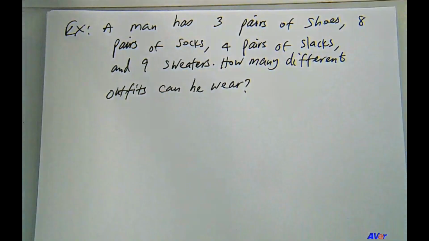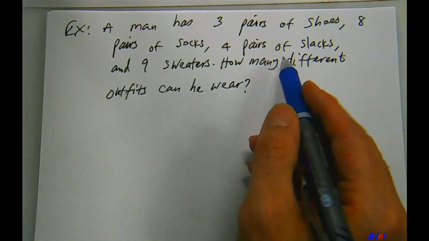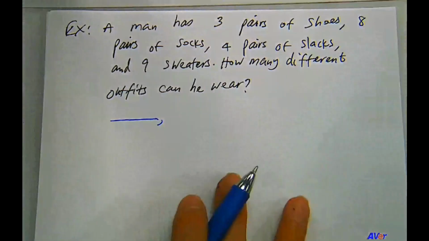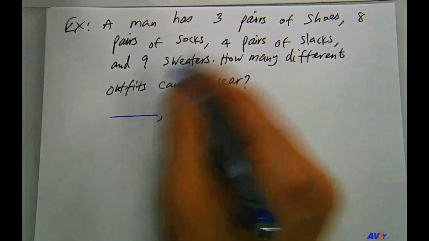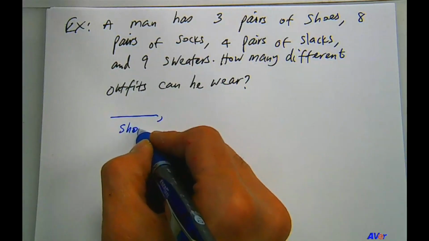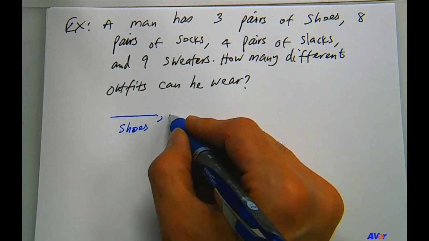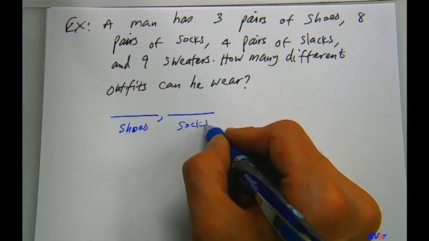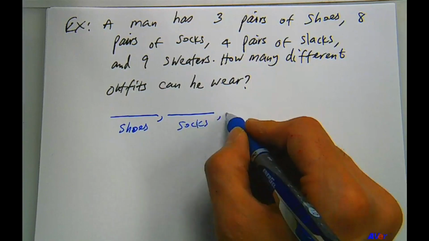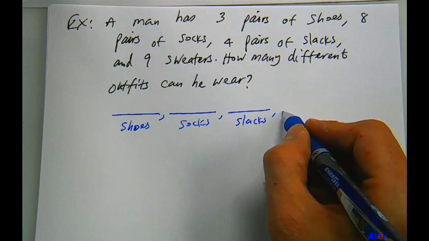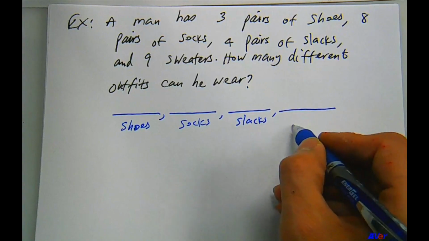Okay, so here we have pairs of shoes. I'll put a horizontal line to represent that choice. We can identify each choice by what it is: choosing shoes, and then socks, and then slacks, and then of course sweaters.